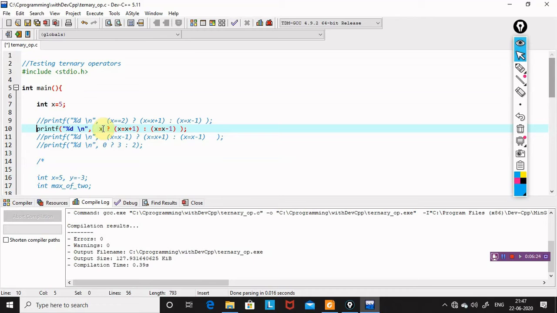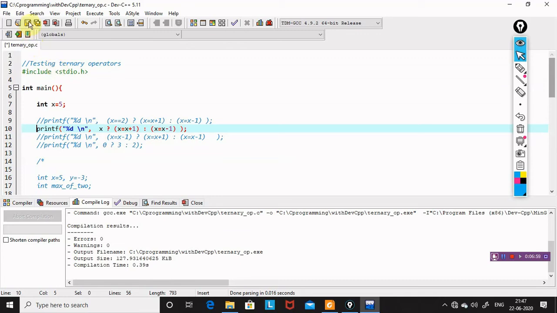So the result of the test condition is true, since the value of x is positive. Any positive value over here would translate to the test condition being true, and this would result in the expression, the one following the question mark, being evaluated and returned. So the value of x being 5 is incremented, and that would be returned as the value of the whole expression and printed over here.